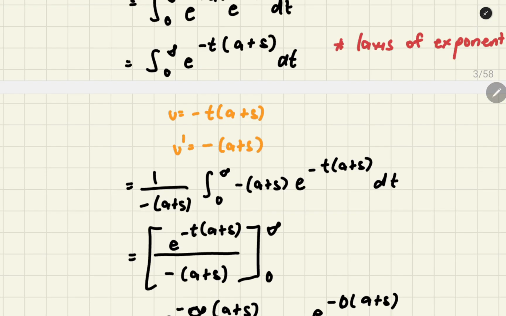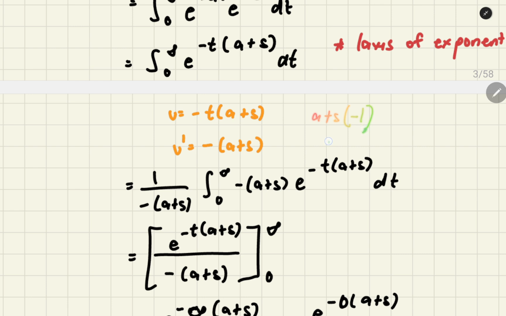Now, since we already have this one, we'll proceed to integration. What is the integral of negative t times a plus s? This one is just the constant, and the negative t is the only one that is the variable. So it will become a plus s multiplied by negative 1, because the derivative of the variable t is just 1.